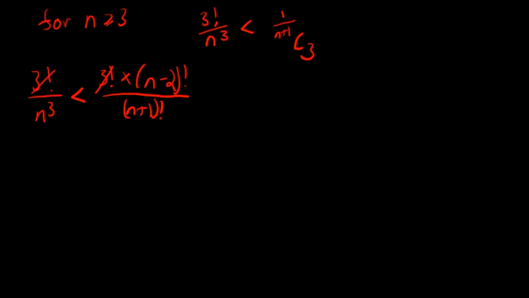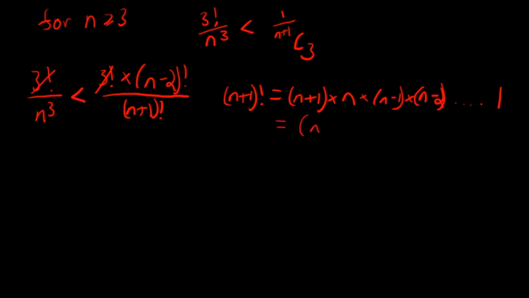And also notice that n plus 1 factorial is equal to n plus 1 times n times n minus 1 times n minus 2, all the way down to 1. And so this is just the same as n plus 1 times n times n minus 1 times n minus 2 factorial.